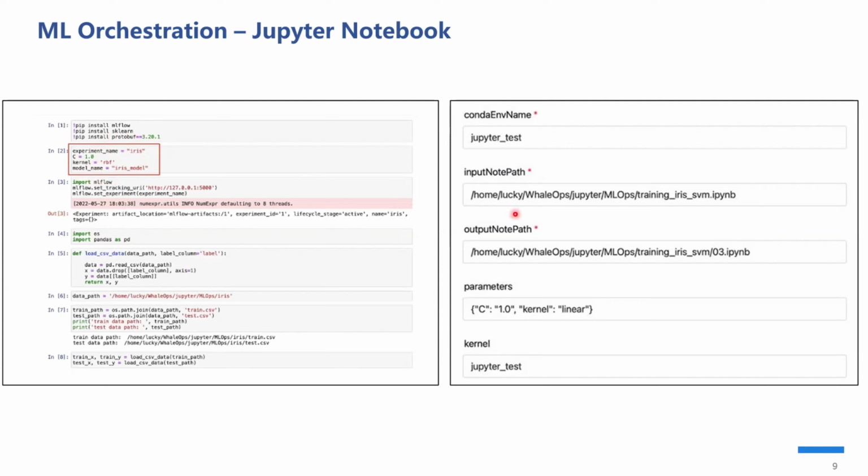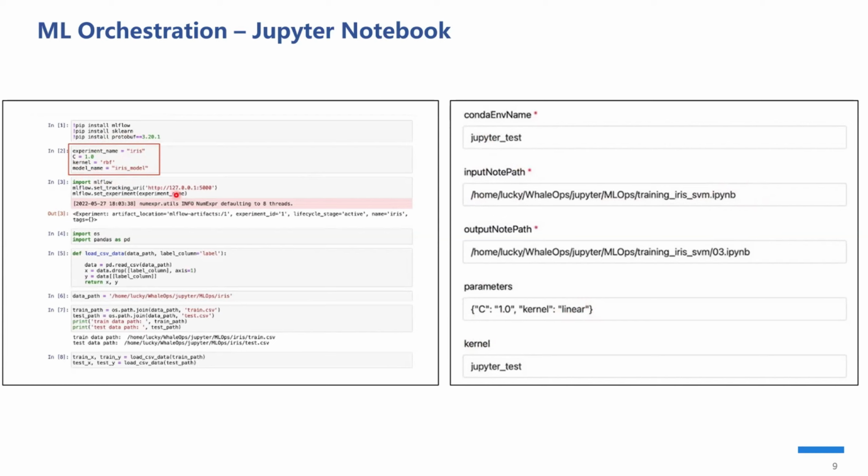From the right side is the DolphinScheduler. This is one of the tasks in the DolphinScheduler UI. You can input a name, input the node path of the Jupyter Notebook file name, and also you can set the parameters. That means even if I don't write this Jupyter notebook script myself, I can very easily use a notebook written by someone else.